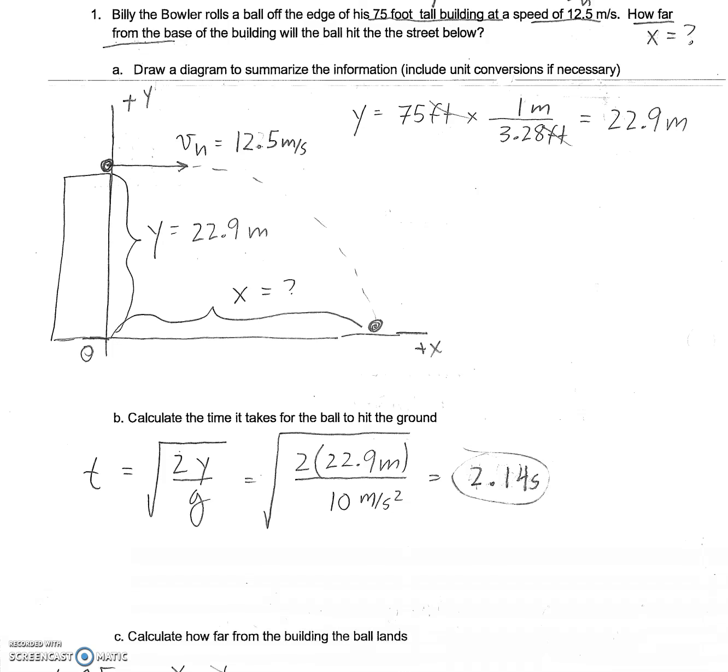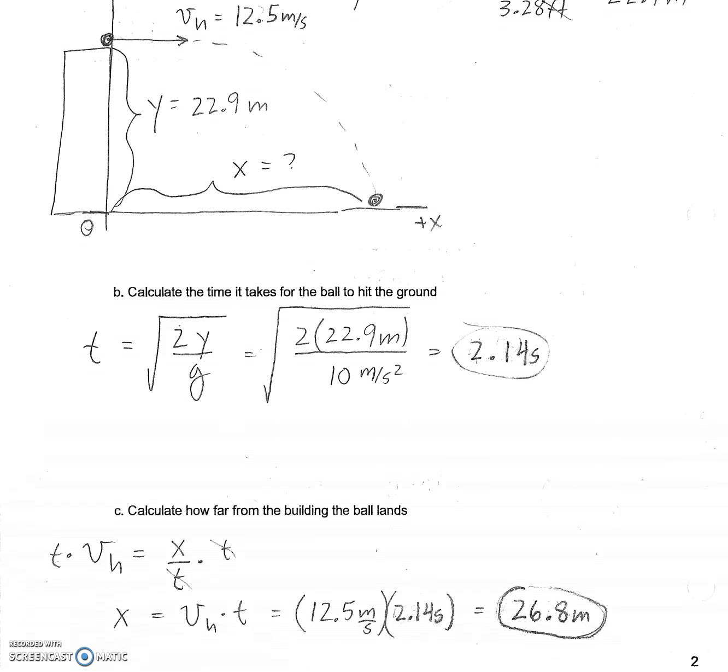Our next step is always going to be to calculate the time. And we need to decide which time equation we want to use. In this case, because we're given the vertical distance, we can use our equation that gives us the vertical distance. And remember again, we could call vertical distance y if we look at an xy coordinate. So time equals the square root of 2dv over g, or we could say 2y over g.